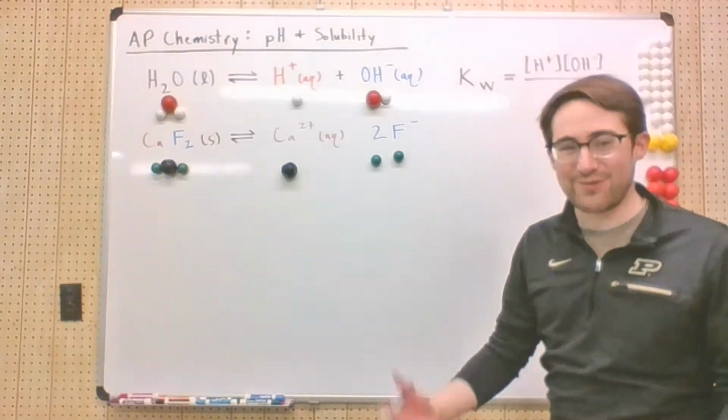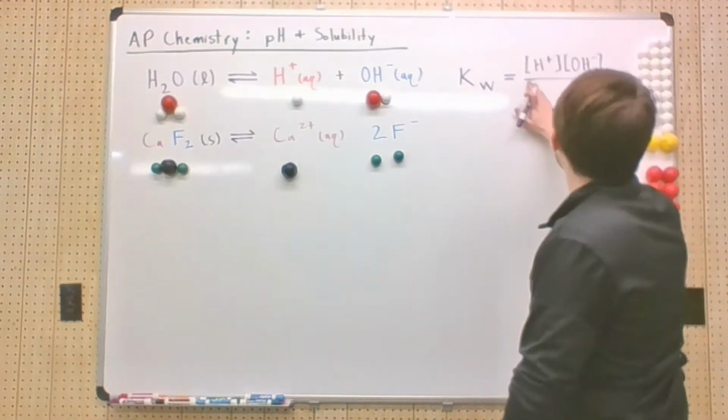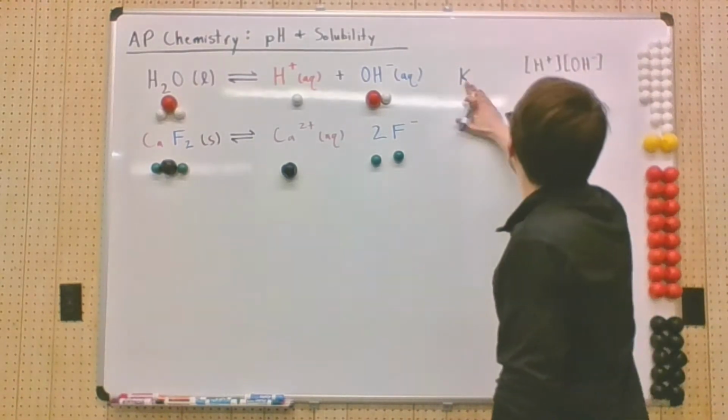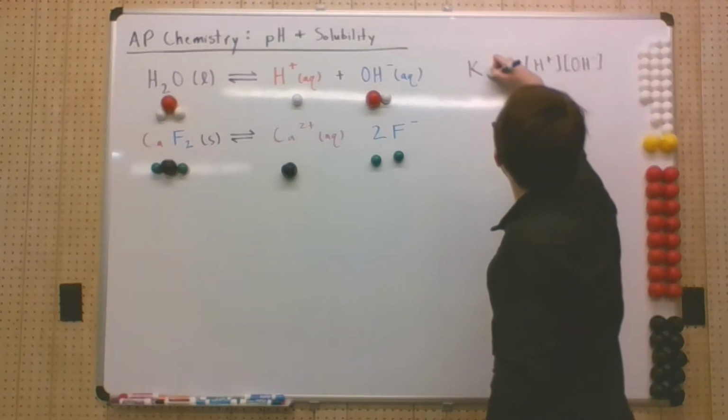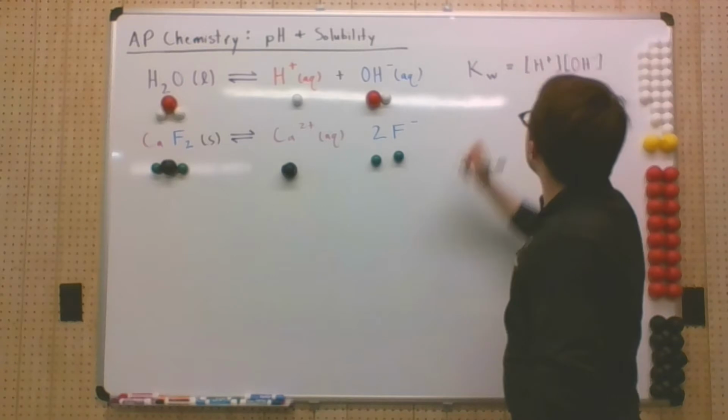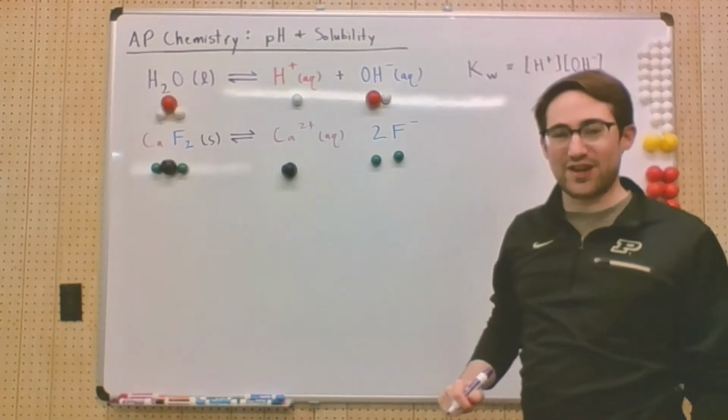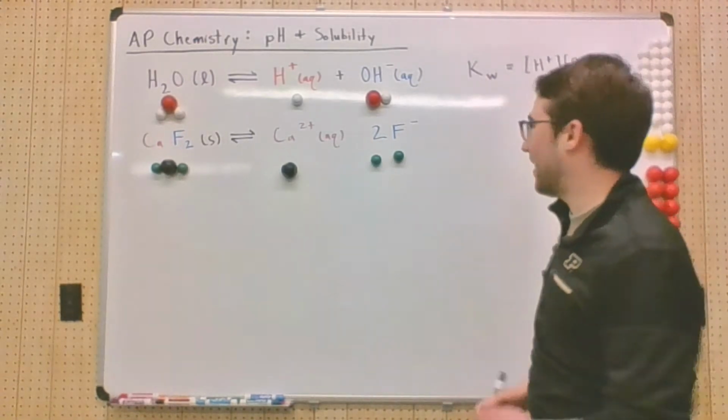Well, we don't put pure liquids in there, so that's just it. So Kw is equal to the concentration of H plus times OH minus.